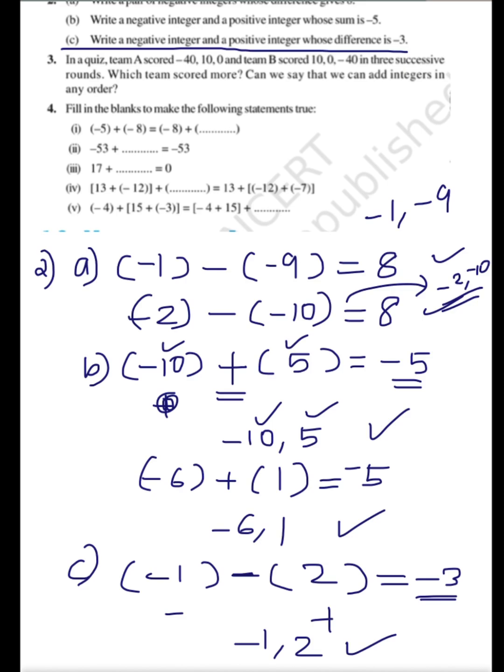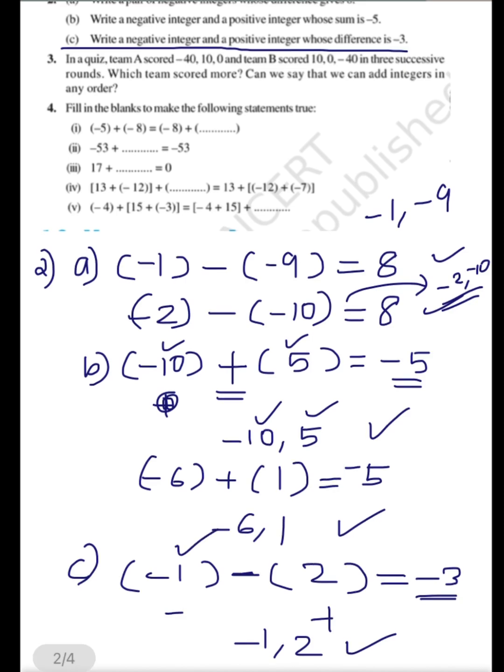Write a negative integer and a positive integer whose difference is minus 3. So we have used a negative integer as well as a positive integer and we have taken the difference and the answer here is minus 3. You can use any other pair, but the pair that I have used here is minus 1 and 2. So this is the answer for C.